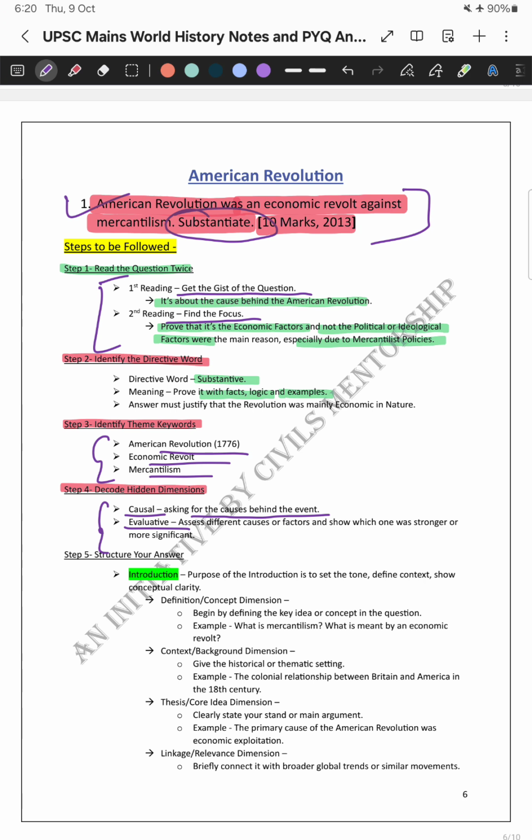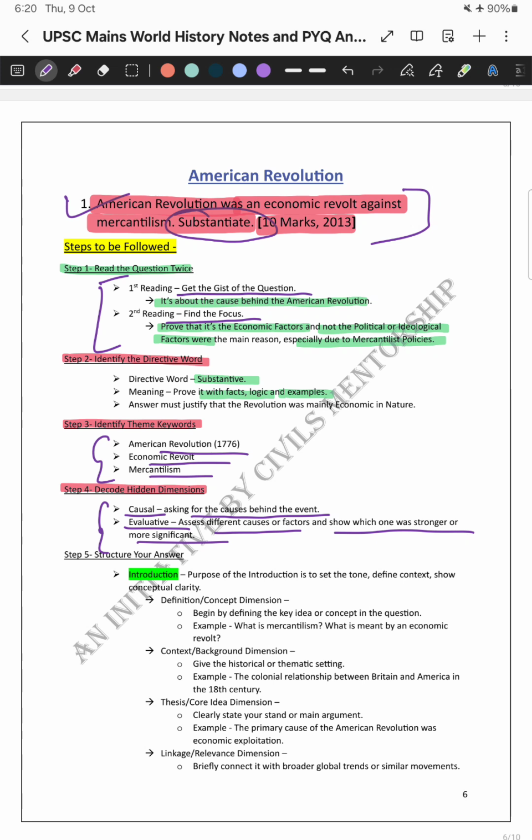So in this particular question, we have two hidden dimensions. One is the causal dimension and the second one is the evaluative dimension, where you need to assess the different causes or factors and show which one was stronger or more significant. So I hope you understood this particular step 4.